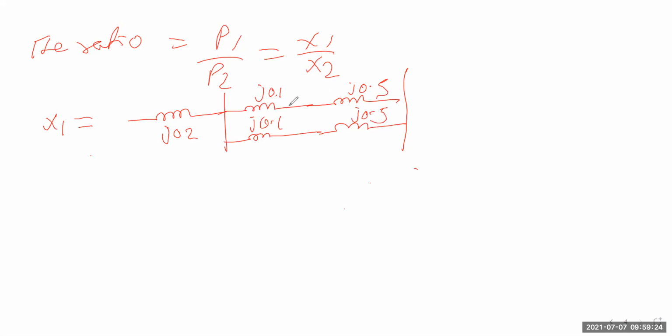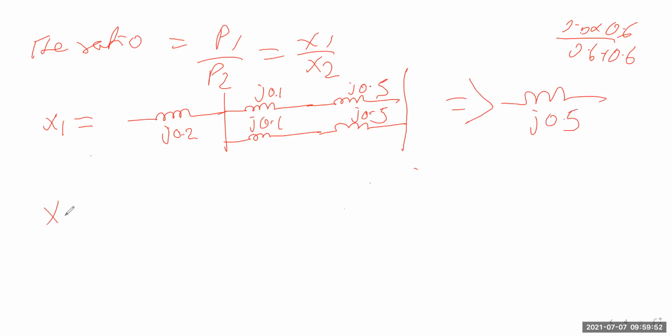So it will be 0.6, 0.6. So 0.6 into 0.6 by 0.6 plus 0.6, so 36 and 12. So it will be 0.3 and it is 0.2. So the equivalent would be J 0.5. Okay, this is what we'll get.